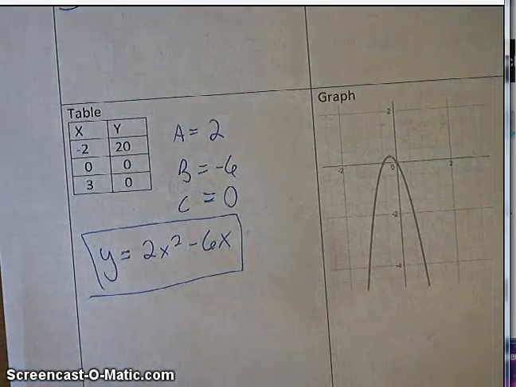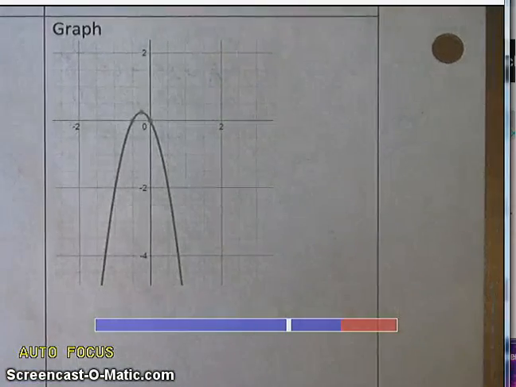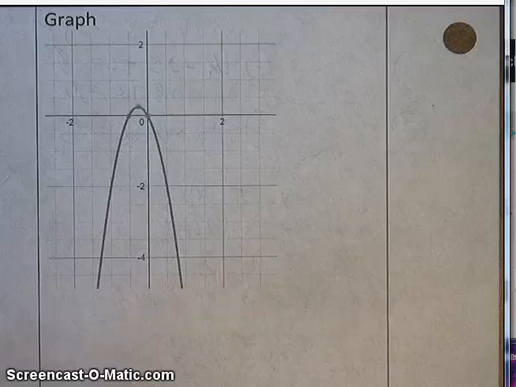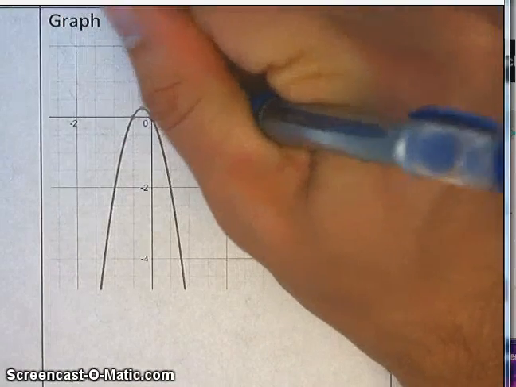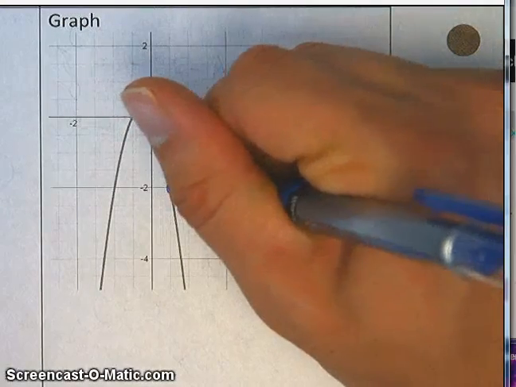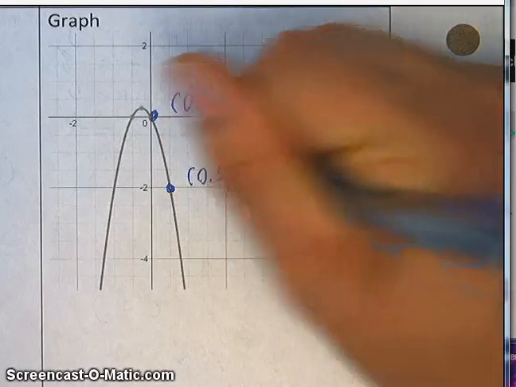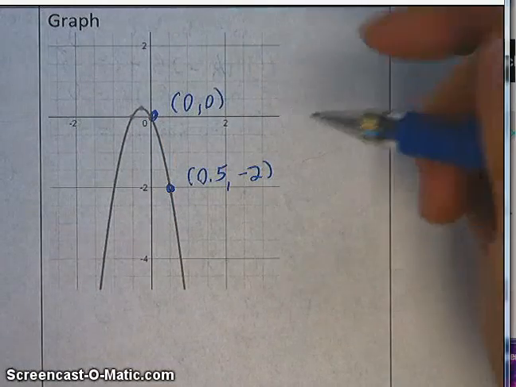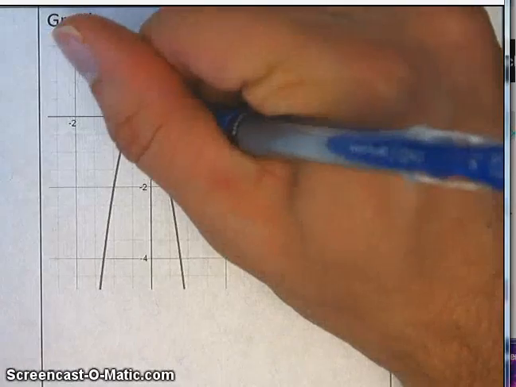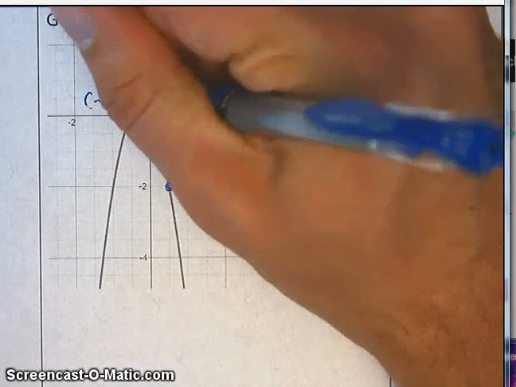Okay, last one. So we've got a graph here, so we're going to have to identify the points. And I'm just going to pick some. I've got 0, 0 here. It looks like right here I've got 0.5 comma -2. And we could probably also take this one, which is -0.5 comma 0.